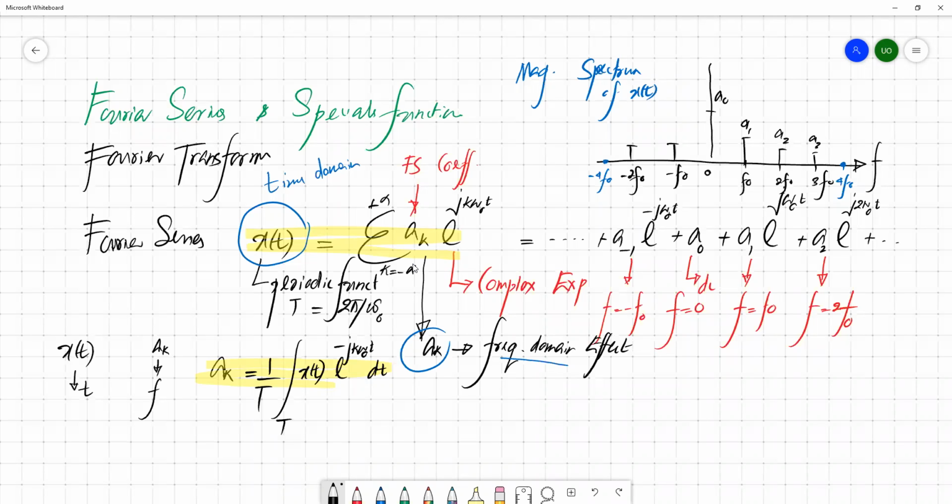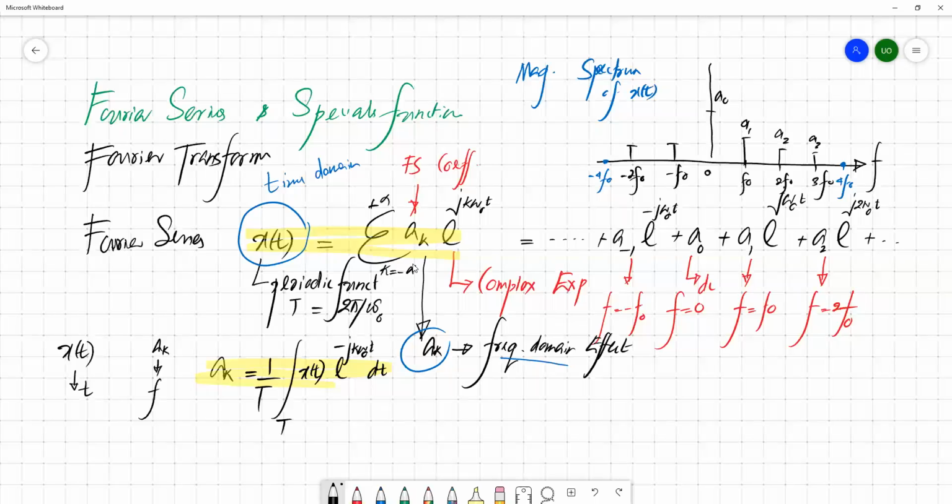We evaluate this Fourier series coefficient by integrating the product of the original time domain function and e to the power minus jk omega naught t over a period, because this is a periodic function. Okay, so this is the Fourier series basically.